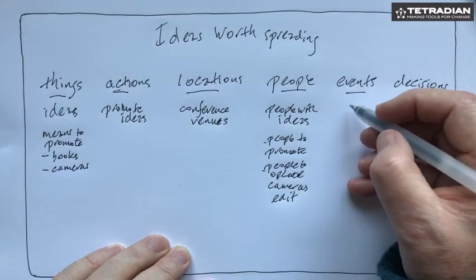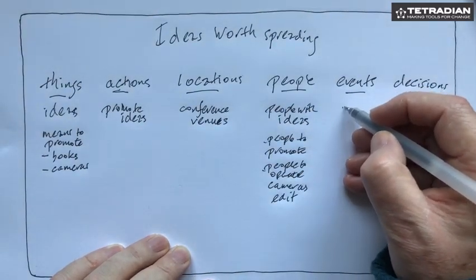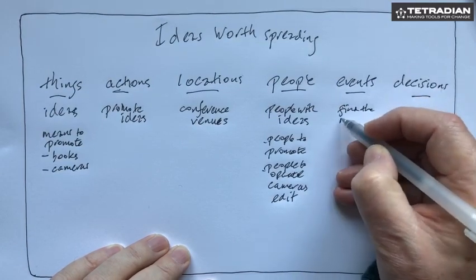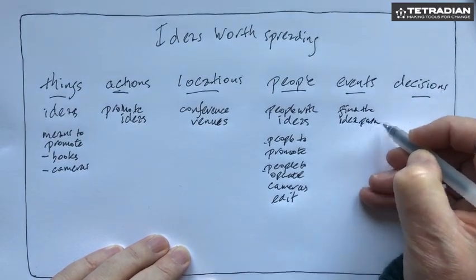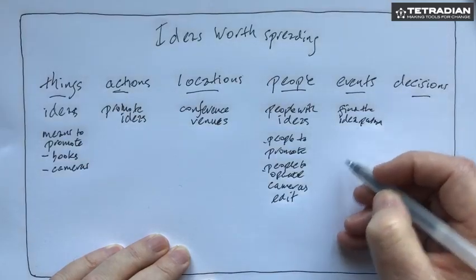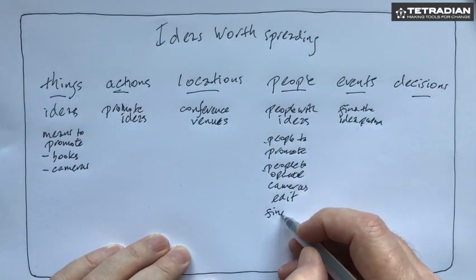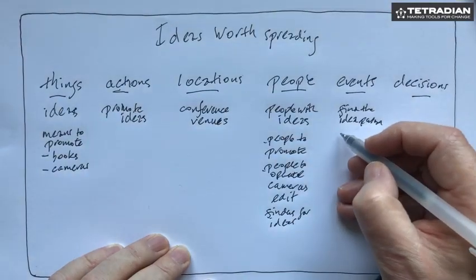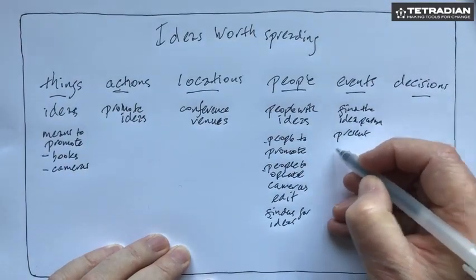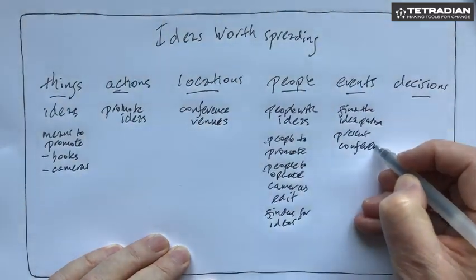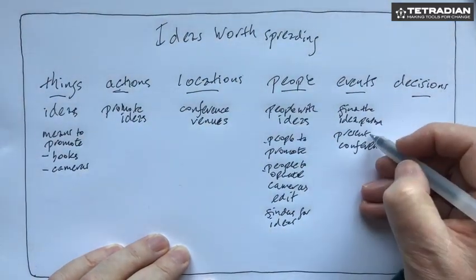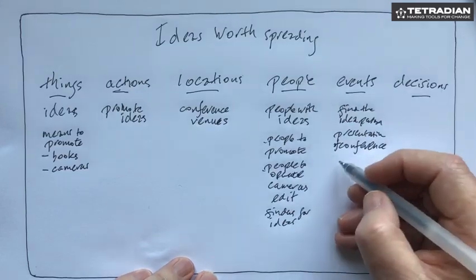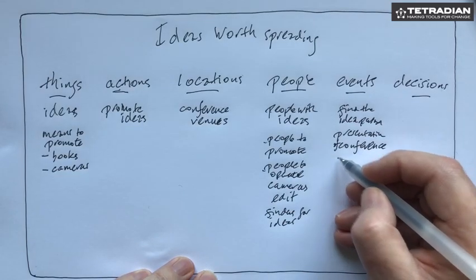The events are going to be find the person with an idea, the idea person, which tells us we're going to need someone who can find us for ideas. We're going to present conference, the conference itself, the presentation of the conference. There's going to be the ticket sale.